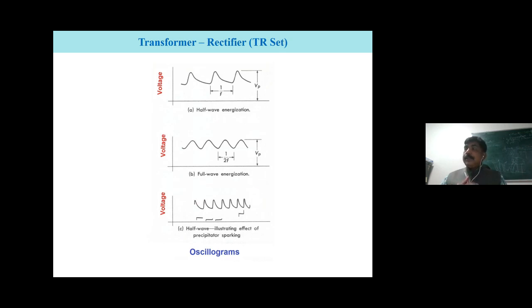What is required in an ESP, as you can see in the lowest figure, is a sudden jerk in voltage. It rises, then comes down, then rises, then comes down. What happens when the voltage is suddenly increased? There is a rush of electrons, and then suddenly the voltage is brought down. All this happens in fractions of a second.